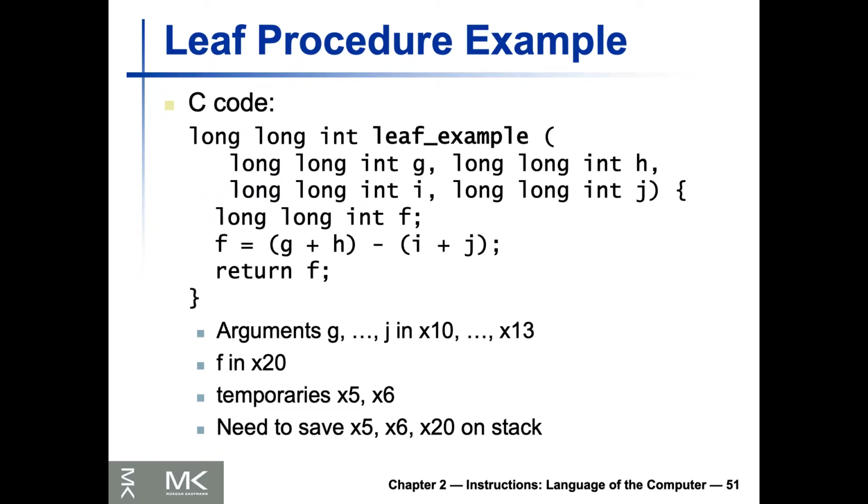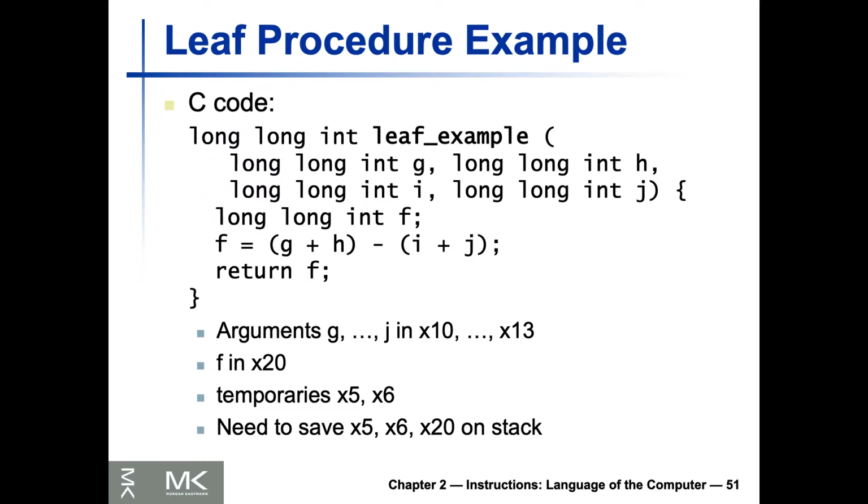I'm just going to define F as a long int, and then F would be the result of G plus H minus I plus J. So pretty simple one, right? So now, before starting my procedure, I need to make sure that I'm saving those registers on my stack. So those registers that I can use are X5, X6, and X20.